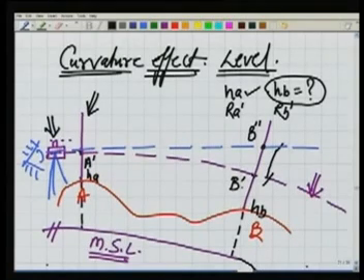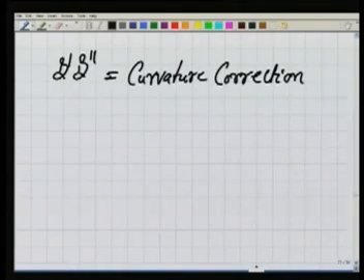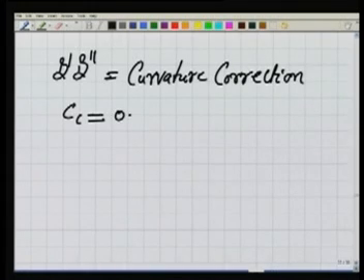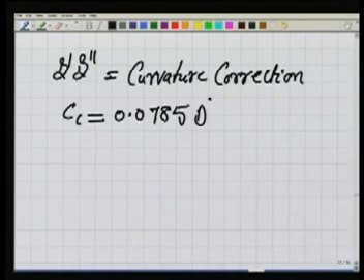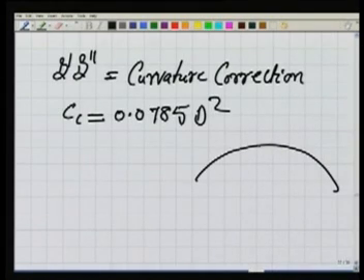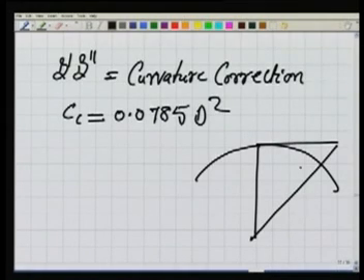Now, one more thing. This curvature correction CC, its value is generally given as 0.0785 d square. This value can be computed. We can very well write how much is the deviation of tangent from the earth's surface.